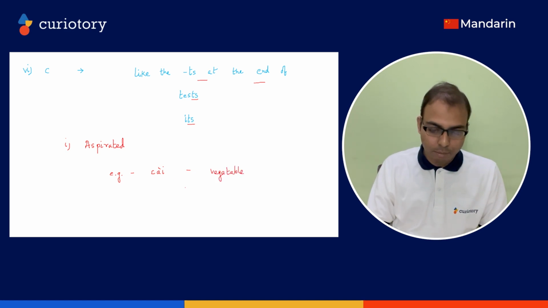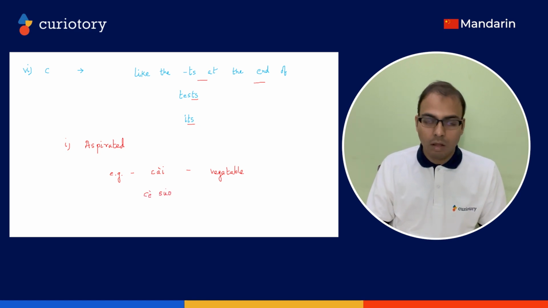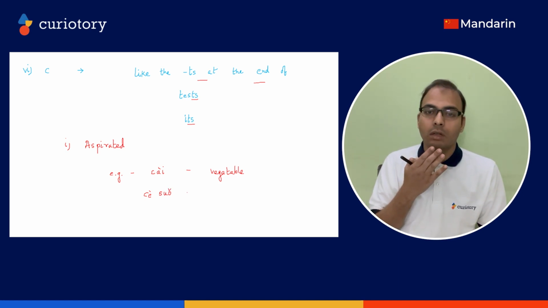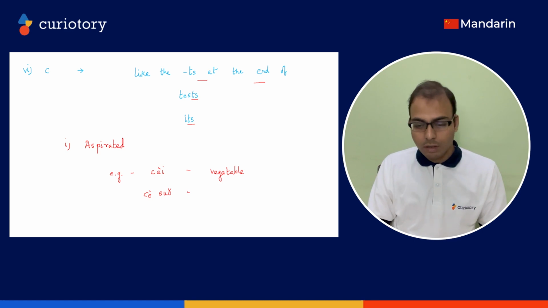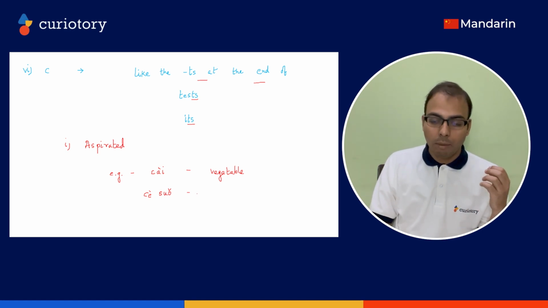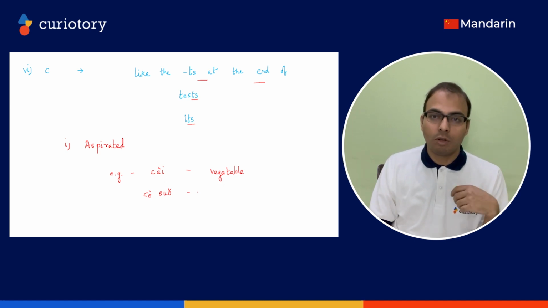One more example. If you have to take care about two aspects, C is pronounced like the TS at the end of tests, and it should be aspirated, meaning air should come out of your mouth.